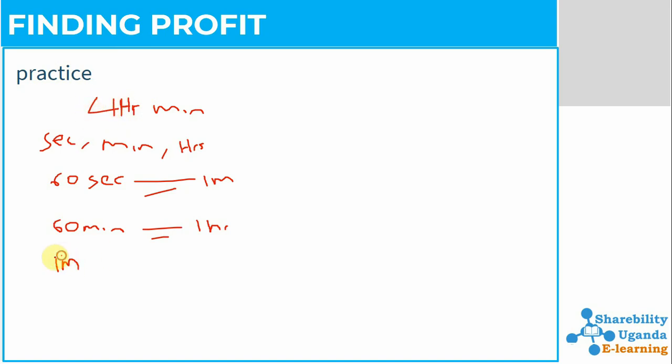So that means, let me cross this, we are looking at hours and minutes. If 1 hour is equal to 60 minutes, how about the 4 hours?